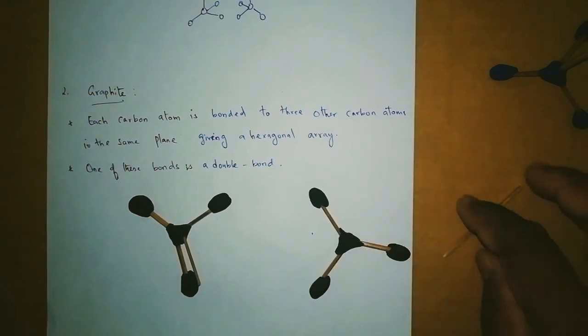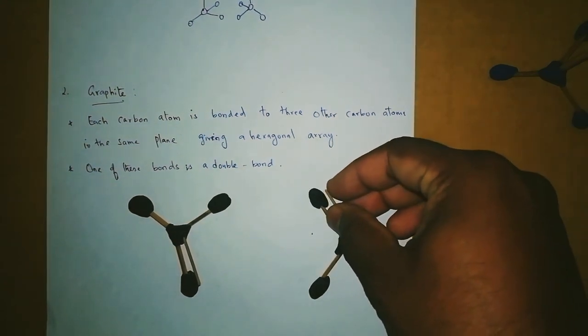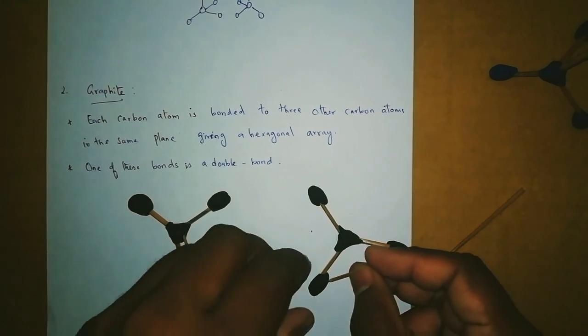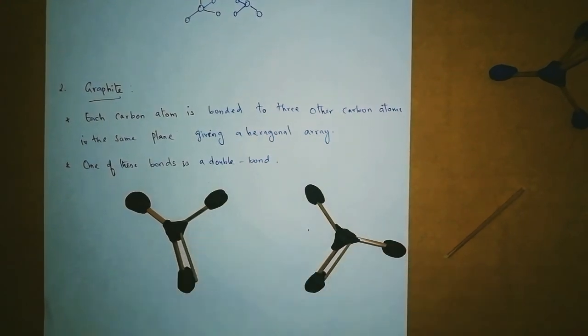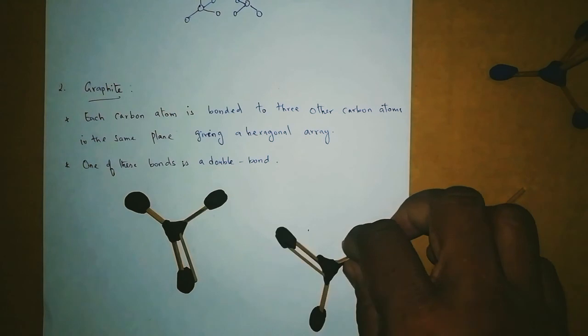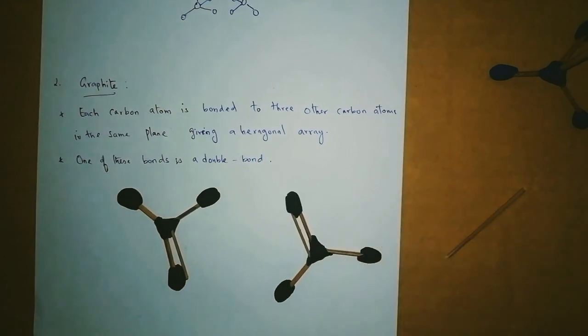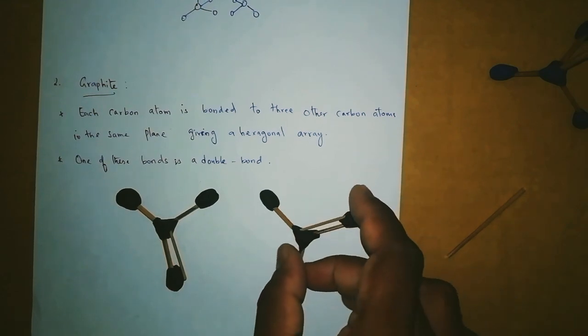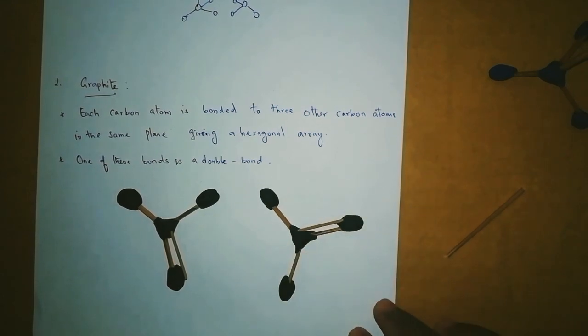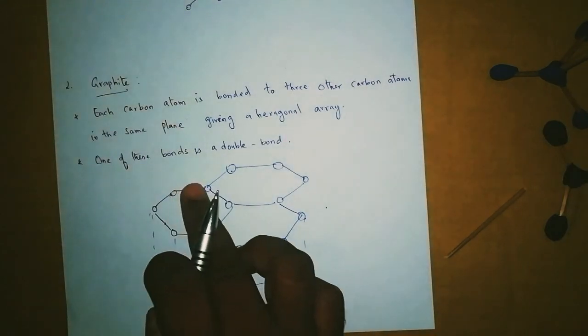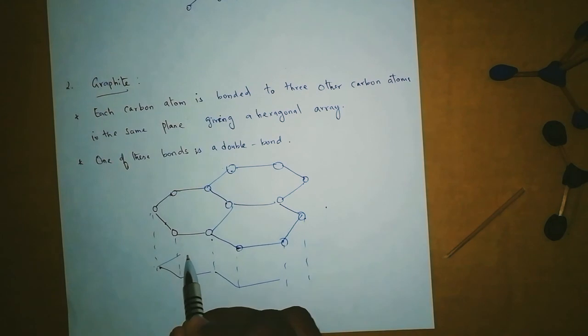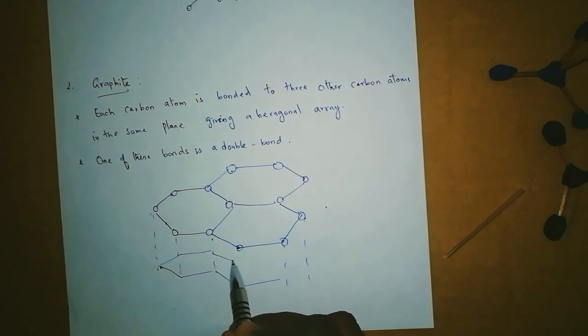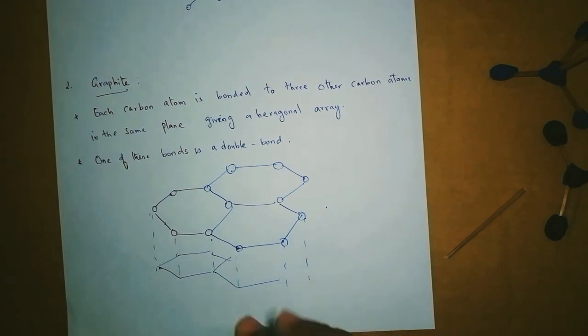Same here also, one of them is going to combine with a double bond. Are you able to understand this? Yes, this is how the structure of graphite looks. If we make one more hexagonal layer below one hexagonal layer, how will it look? So this is how the graphite structure looks from top to bottom.